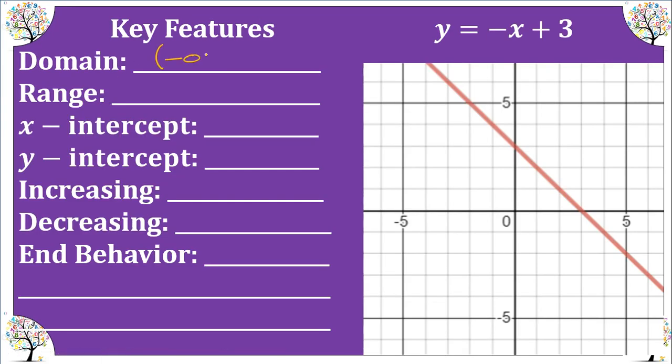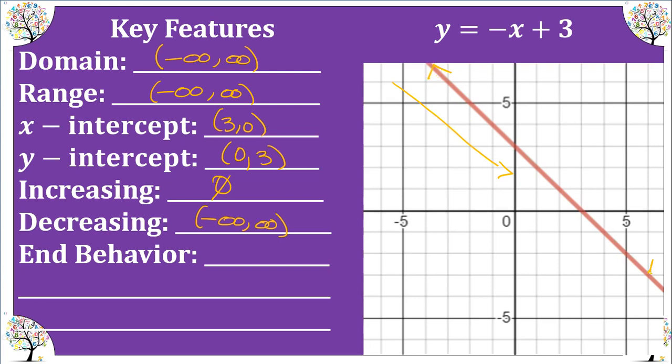The domain is all real numbers. My range is all real numbers. The x-intercept looks like 3, 0. My y-intercept was 0, 3. This is never increasing, it is decreasing. On the left side, my end is going up.